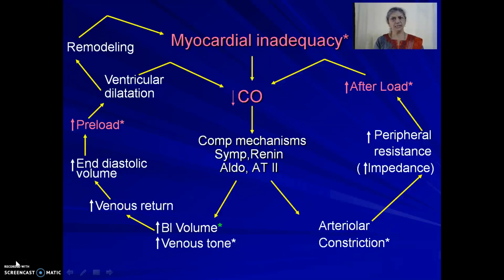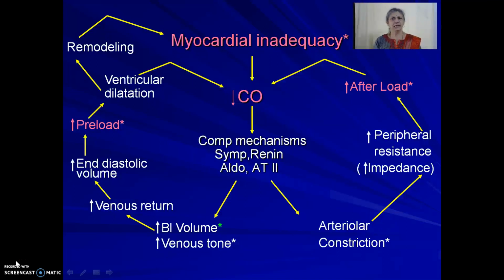Similarly, if the veins are constricted, what is the consequence? If the veins are constricted, venous return is increased. And again, we are increasing the workload on the heart. Even more importantly, if the earlier venous return has not been pumped out and there is greater venous return, it goes on increasing the end diastolic volume, which is also bad for the heart because it requires more and more energy if the chamber is bigger and bigger.